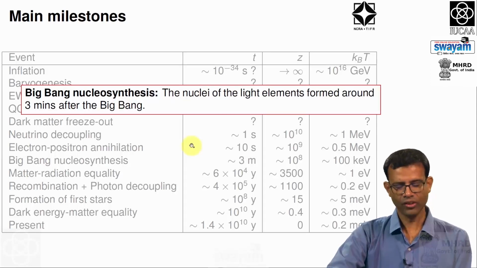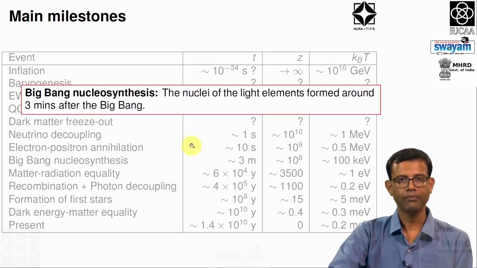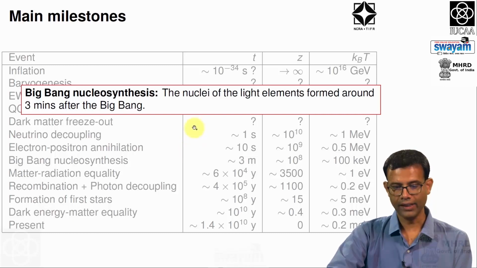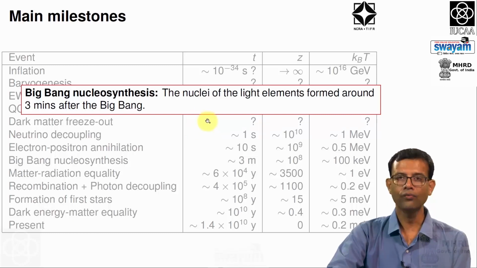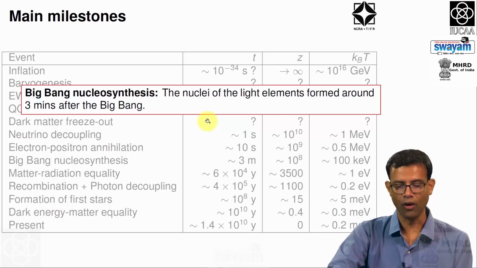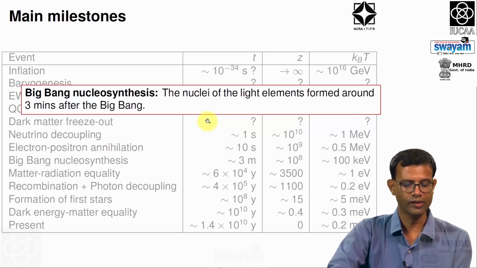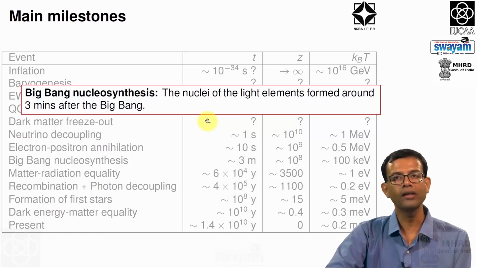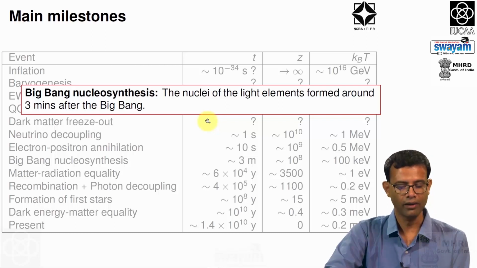3 minutes after the Big Bang is the time when you expect the first nuclei to form. Before this time, as I said earlier, the energies were too high and it is impossible to form bound nuclei. Even if you bring some protons and neutrons together, they will be hit by a photon of reasonably high energy and they will break.